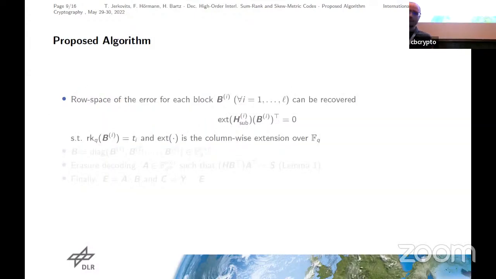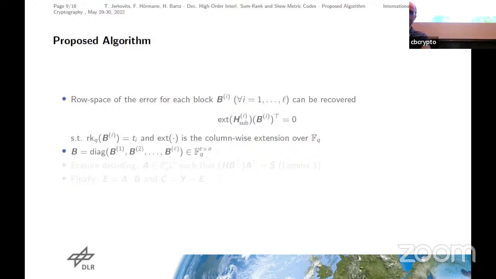Okay, so with this theorem, we can basically do the following. Knowing the H sub i blocks, independently for every block, we can recover the ith error block of the B matrix by solving another system of linear equations, the right kernel of the extension of H sub i.